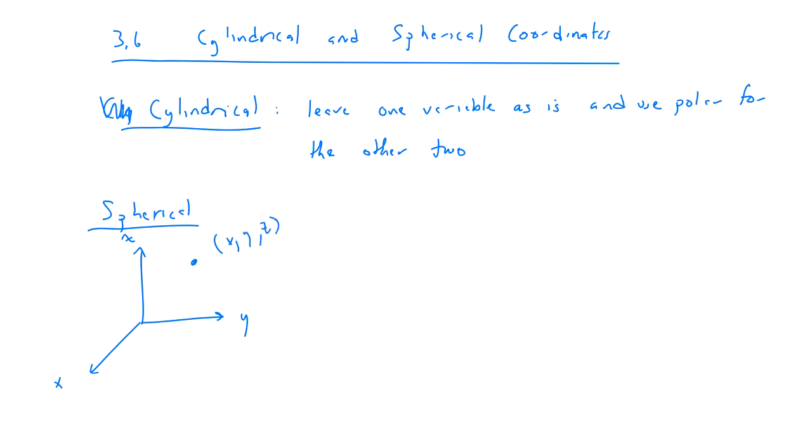And what I'm going to do is similar to what I do in polar coordinates, which is I'm going to rewrite this in a different way. First I'm going to ask how far this point is from the origin. That I'm going to call rho, which I'll write in a second. Then I'm going to project that line that I just drew into the xy plane.